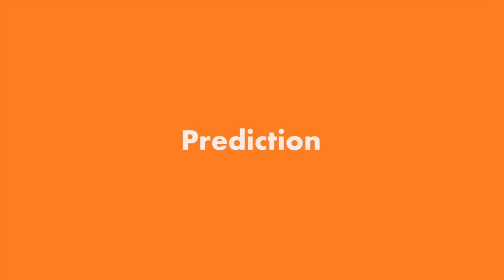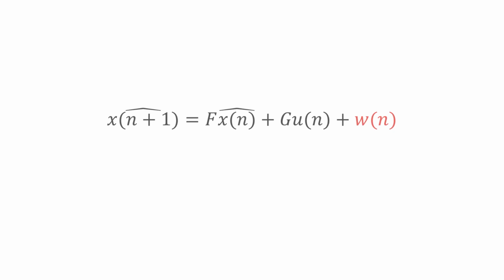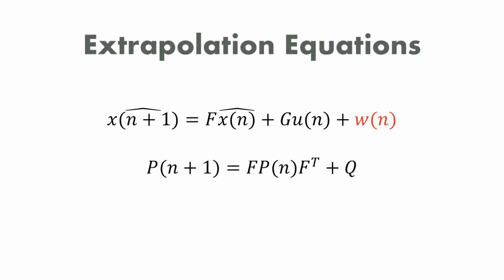After you initialize your variables, you can start predicting. In the predict step, we have two equations that are interesting. The state extrapolation equation and the uncertainty of the state extrapolation equation.